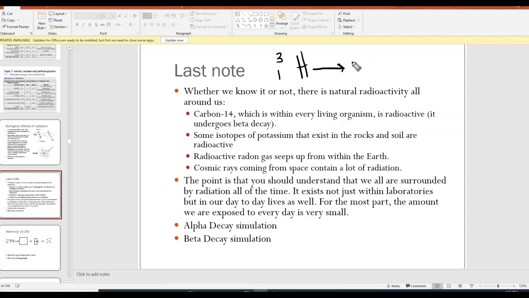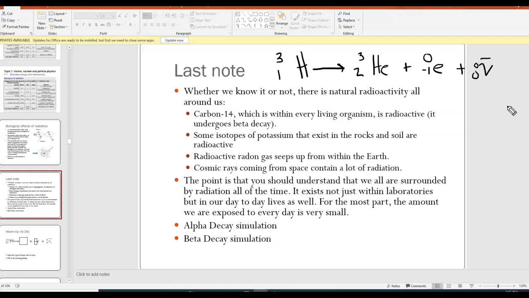My product that I ended up with after the decay happened was helium-3. I happen to know helium has an atomic number of 2. And now what came out was an electron and an antineutrino.